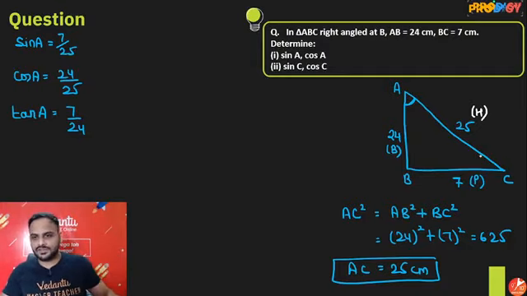Then let's write for C. If I take this C as my theta, then BC will be your base and this will be your perpendicular. Hypotenuse will remain fixed.